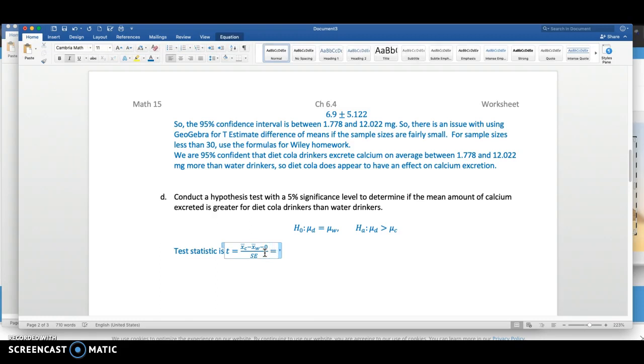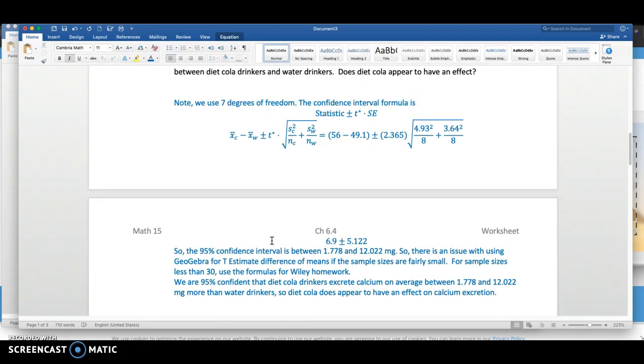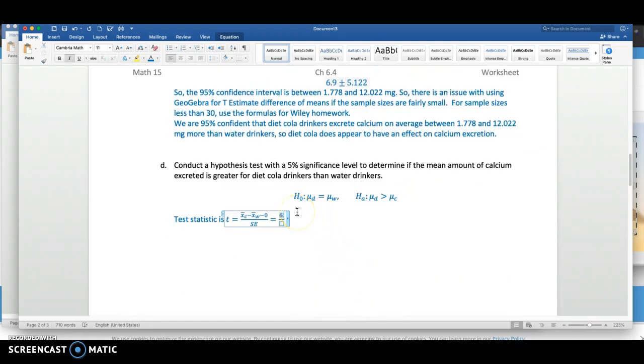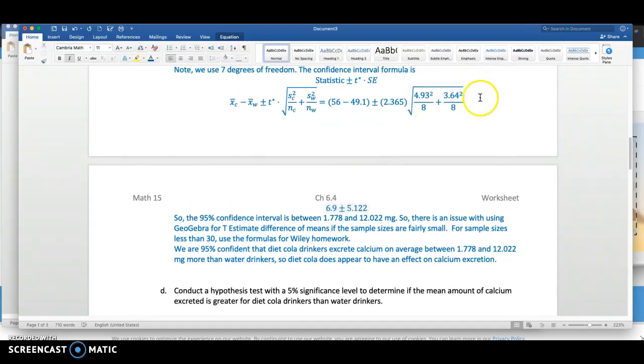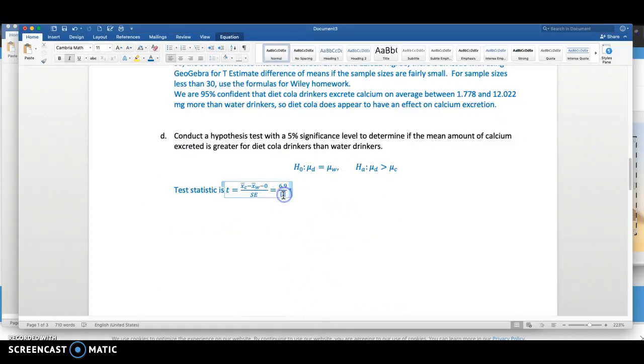So if I throw this in here, the difference between cola and water drinkers from the samples was 6.9. And the standard error, I'm going to copy this over, is the square root formula.